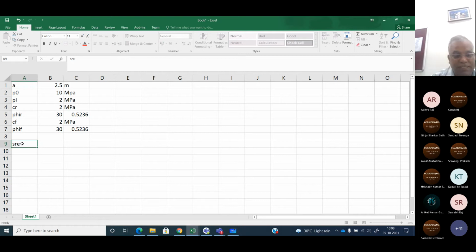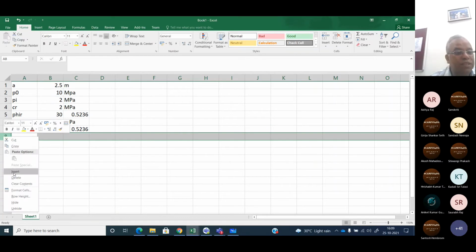Sigma Re equals 2 into P naught minus, I didn't calculate that. Let me put it here. Oh, I didn't calculate many things. Just a minute. Something needs to be calculated here.